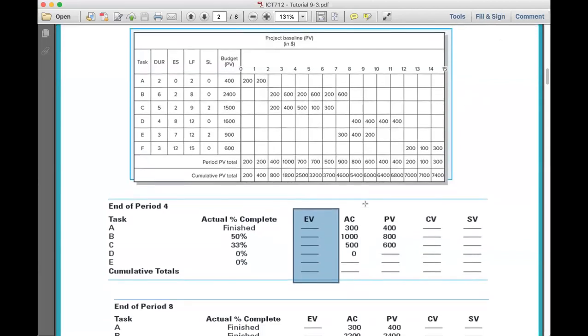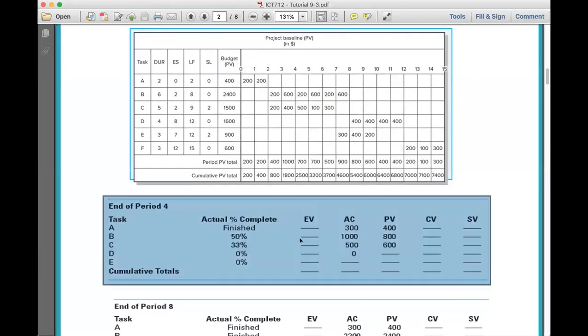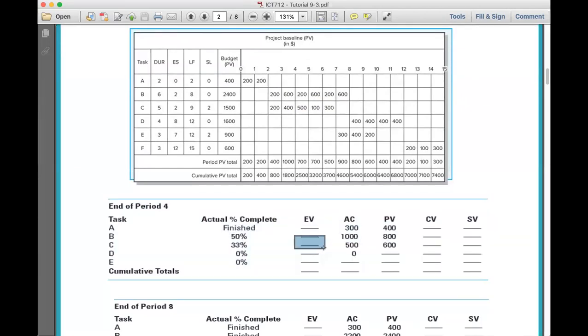Can anybody tell me what the earned value is here for period 4? 400, yes, because we've already earned it, it's finished. And how much is 50% of B here? 1,200. And what is 33% of C? 495. And what is 0% of D? 0.